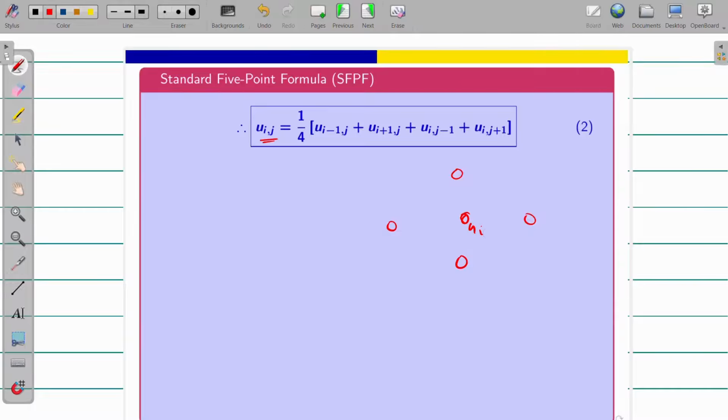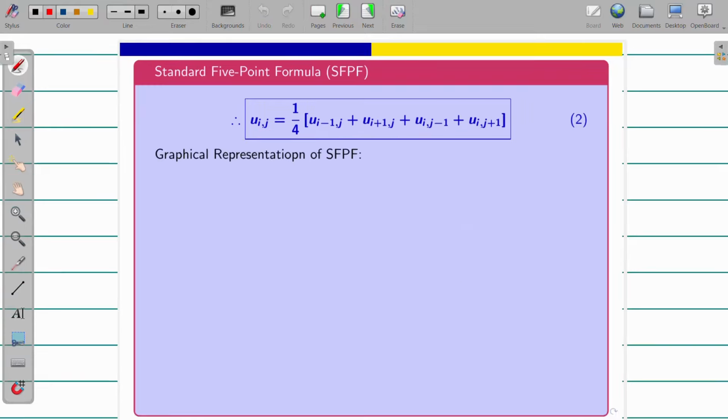This is the formula. I will now give you a graphical representation so you can easily understand the concept.